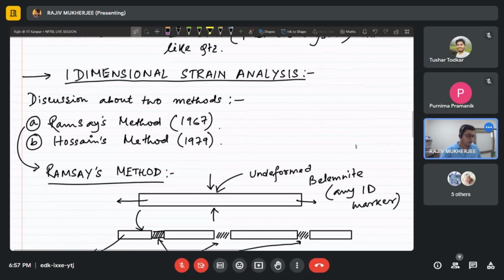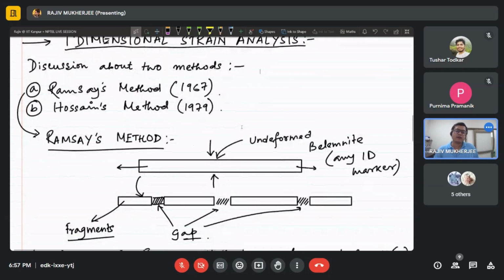Now we will consider the two most important methods for two dimensional strain analysis, because although it is quite easy to use the one dimensional strain analysis method, it is very rare to find these 1D strain markers, right? The deformed fossils or deformed minerals are fragmented and pulled apart.